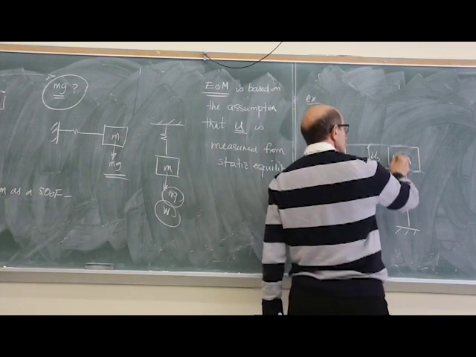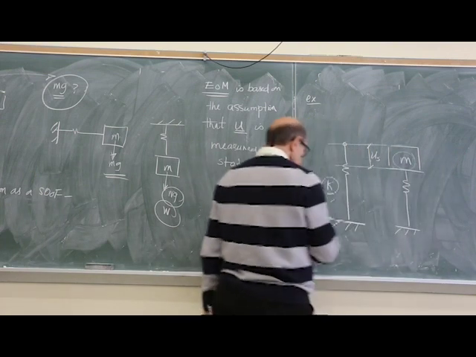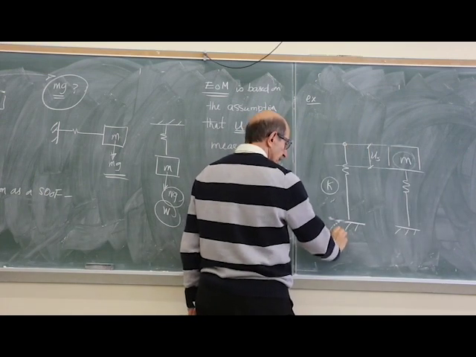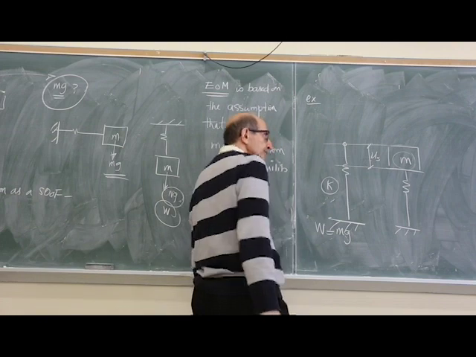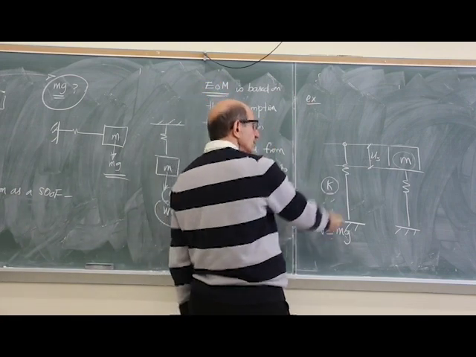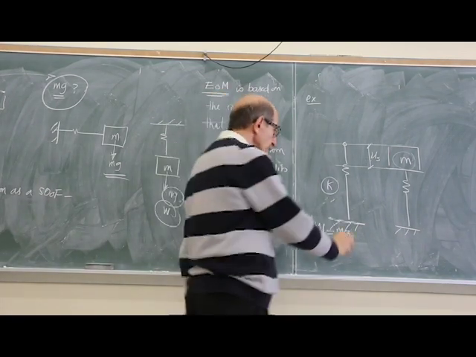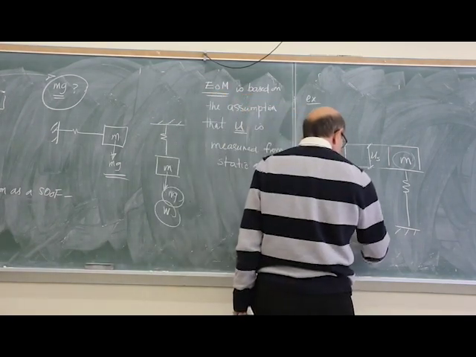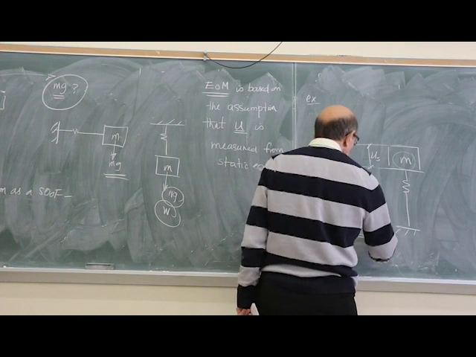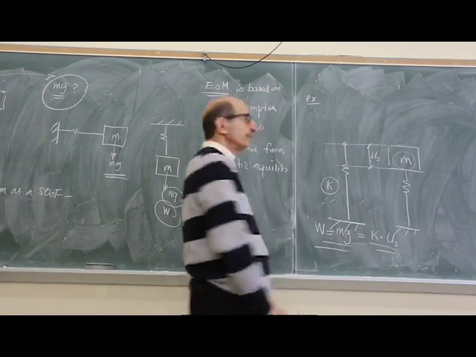So this mass has a weight of W. W is mg, and it is causing this displacement. In other words, W is the force that you're exerting on this spring. So this would be k times u sub s, right?